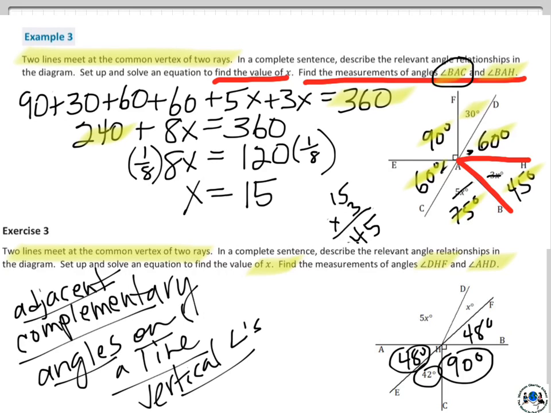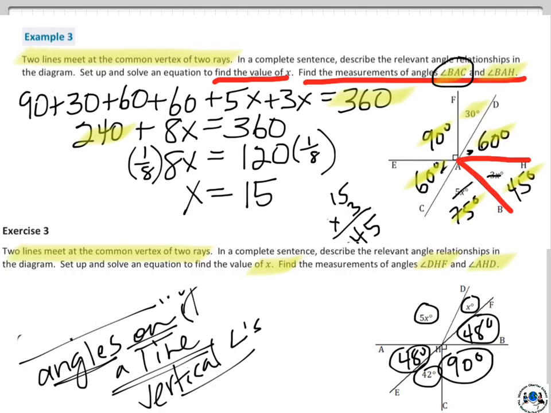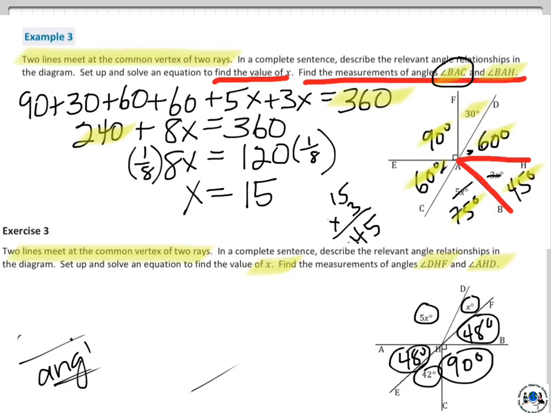What I can look at now is these three angles here that are left, 5x, x, and then 48, as angles on a line. Back to the angles on a line relationship, and then figure it out from there. So I'm going to go ahead and just erase all of this, and I'm just hoping that you are paying attention to this yourself.